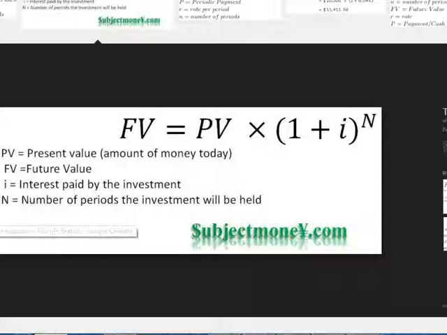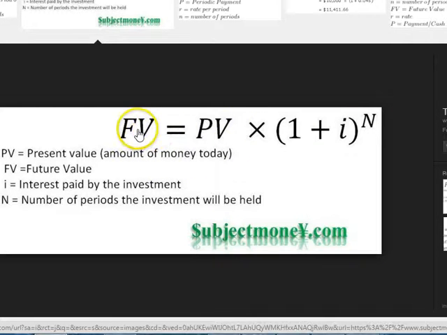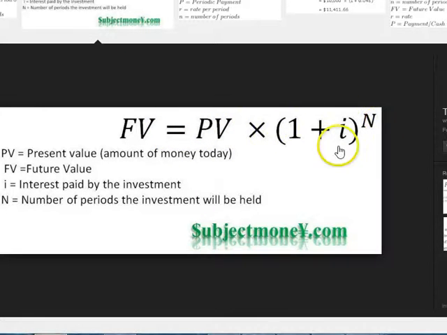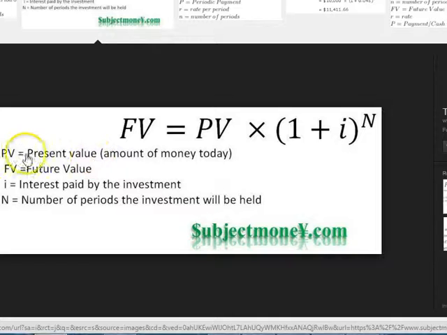When you do that, you will find all kinds of images. Now what you're looking for is this simple formula right here. It says FV equals future value multiplied by this component right here, and PV is the present value, the amount of money today, and FV is future value.